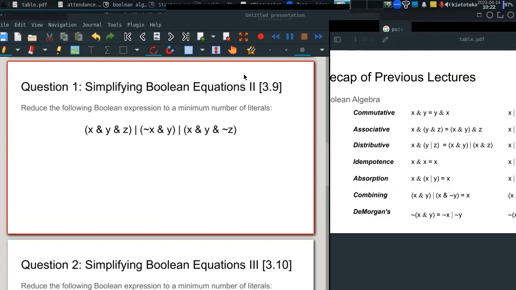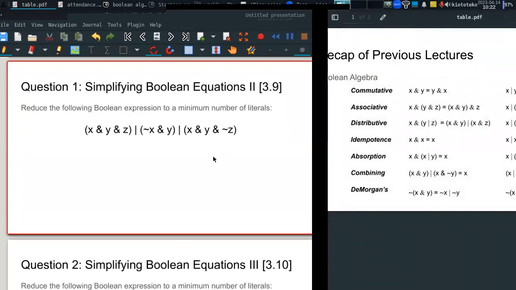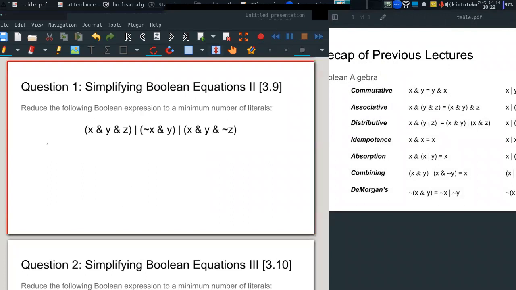Okay. So yeah, we need to reduce this expression.